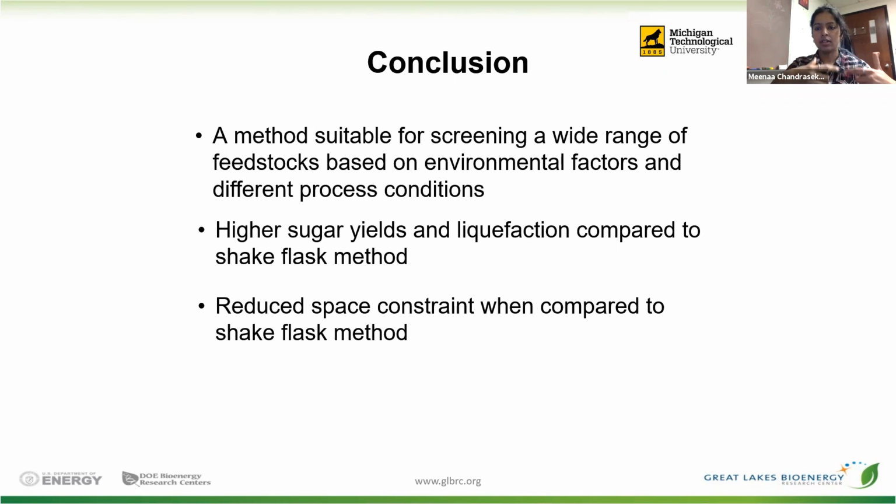It happens in an Erlenmeyer flask, and as the experiment proceeds, these experiments are usually carried out for about 72 hours, the biomass gets stuck to the walls of the flask. This bottleneck is overcome when we put the samples on a roller because horizontal mixing is taking place there. In horizontal mixing, the accumulation of the samples on the walls is reduced. So this reduces the bottleneck. And another major reason is most bioreactors have horizontal mixing. So our method is closer to the industrial conditions.